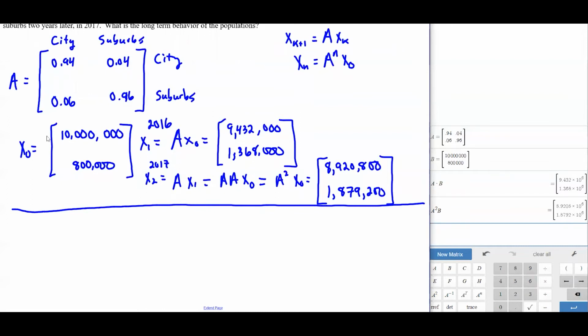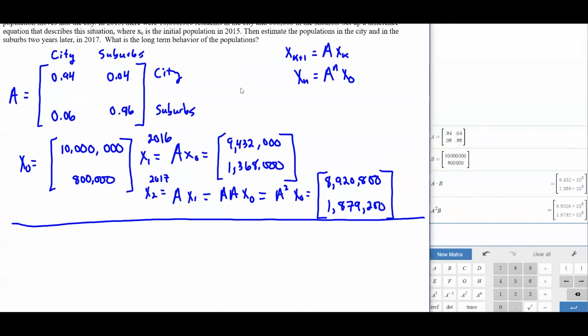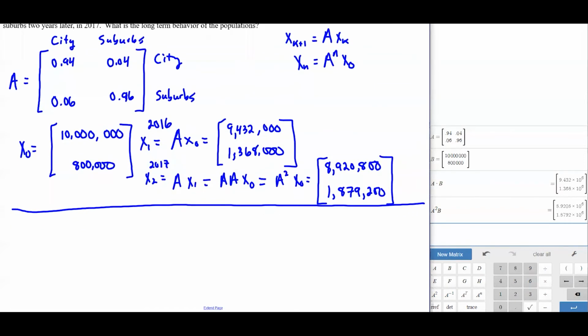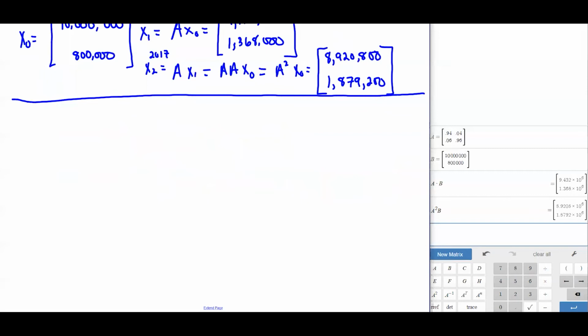Okay, so how are we going to do this long-term behavior? This is where we're going to introduce eigenvalues and eigenvectors. So let's take this matrix A and let's find the eigenvalues and eigenvectors.